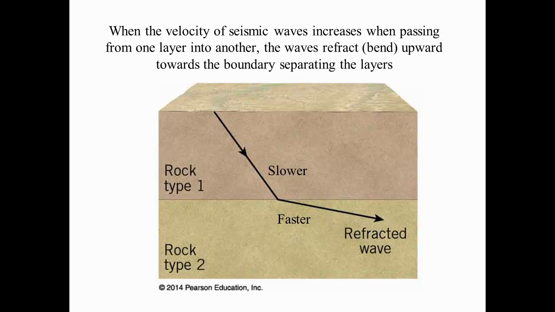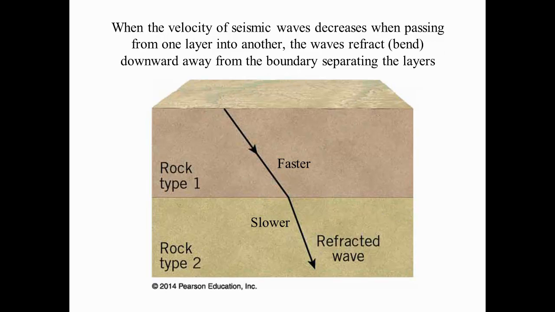Does everybody see this? We're following one particular ray path in going into the interior. So in other words, it's going from slower to faster velocity when passing from rock type 1 to rock type 2, and as a result, the ray path bends upward.